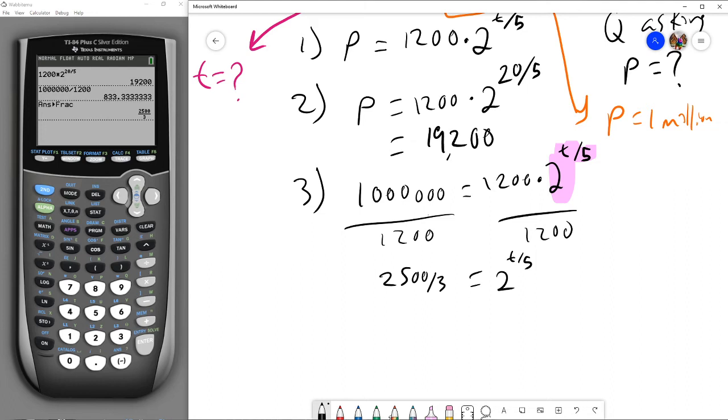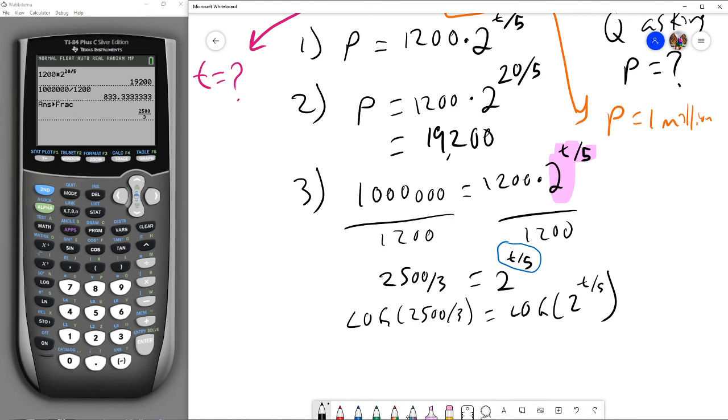Now the second step of our process for solving exponentials is we go logging. We must take the logarithm of both sides in order to bring that exponent down using the law of logs. So I'm going to use the common logarithm. So we have log of 2500 thirds is equal to log of 2 to the T fifths.